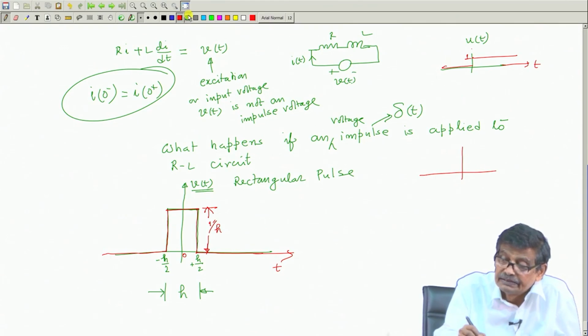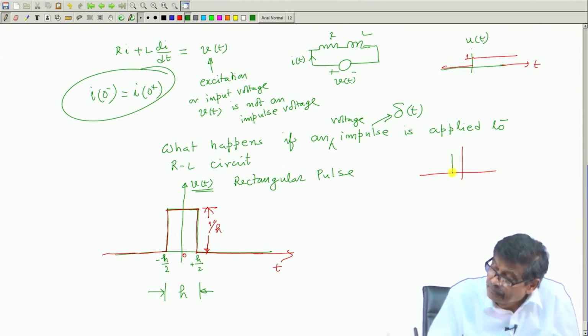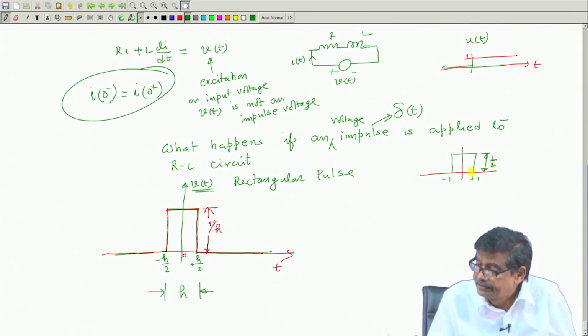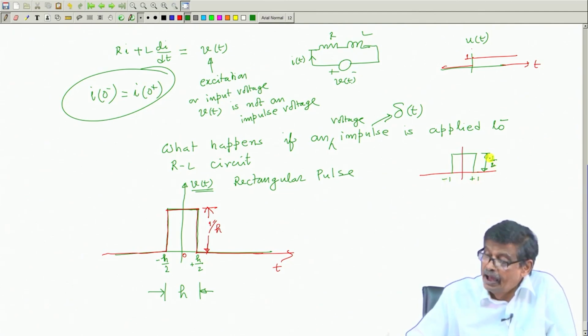For example, if this is plus 1 and this is minus 1, the width is 2 and I will take the height half. If this is 1.5 and minus 1.5, width 3, I will take the height to be 1/3.